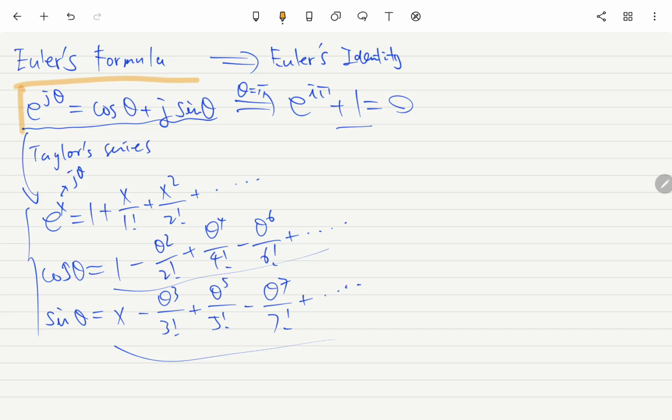Why do I need to mention Euler's formula? The reason is that here we have s1 to be alpha plus j beta, and s2 to be alpha minus j beta.